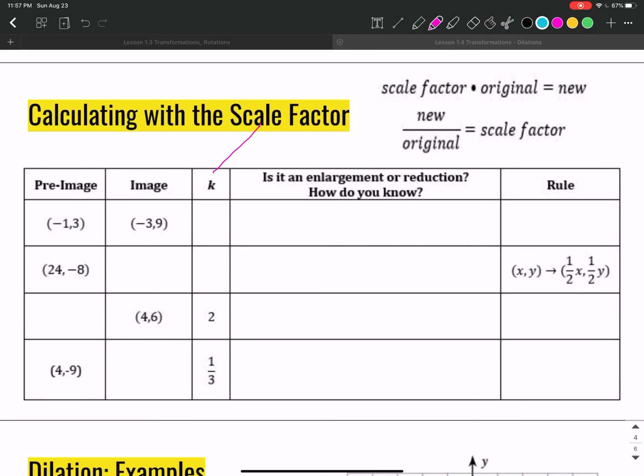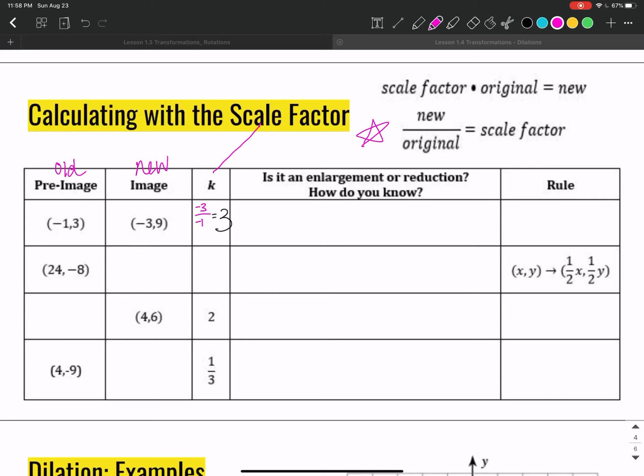So we're going to use this formula right here. We're going to take the new and divide it by the old. So the new one would be our image, and the old one would be our pre-image. So if I take -3 and divide by -1, well, a negative divided by a negative is a positive, and 3 divided by 1 is 3. So we know that our scale factor here, k, is equal to 3.